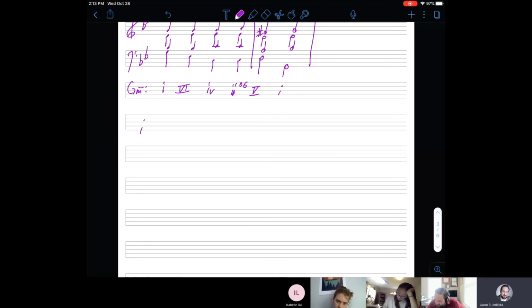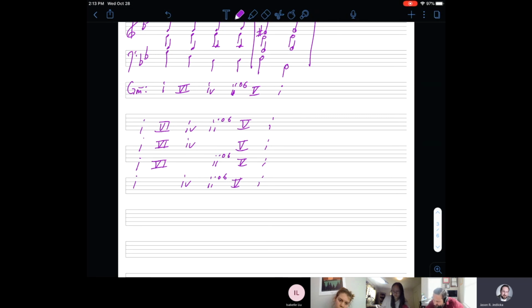So now let's work out our progressions here. 1, 6, 4, 2 diminished 6, 5, 1, and the other ones are going to be the minor key analogs of the major ones. So 1, 6, 4, 5, 1; 1, 6, 2 diminished 6, 5, 1; 1, 4, 6, 5, 1.